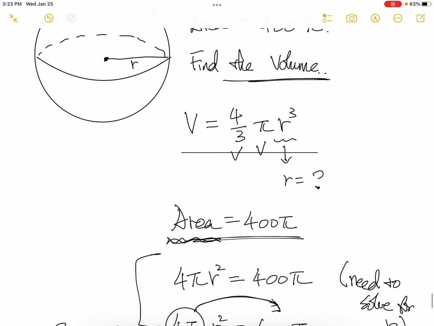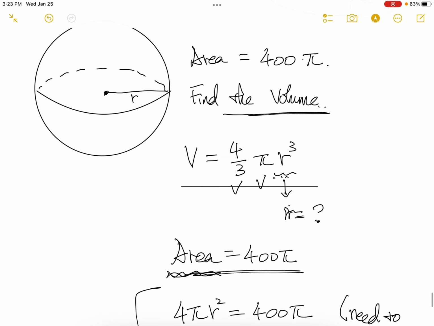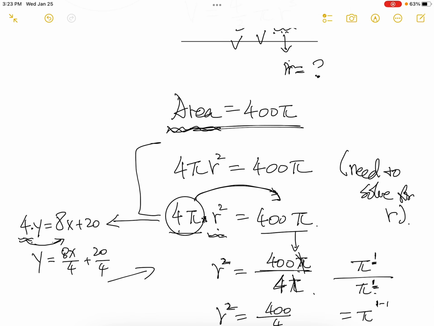And if we don't have the information we need, then we look back to the question and see what information they gave us, right? Area they gave us. So now we move on to a mini question where we have the area and we have to solve for the r.